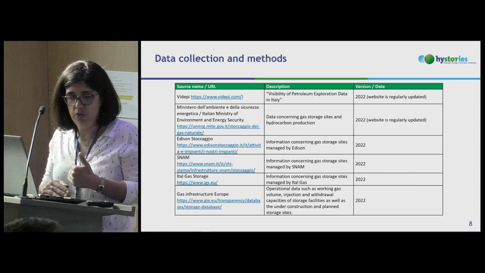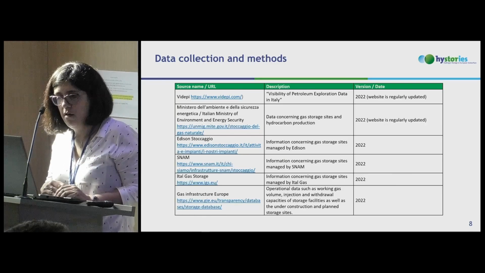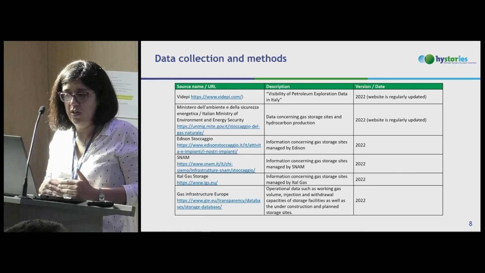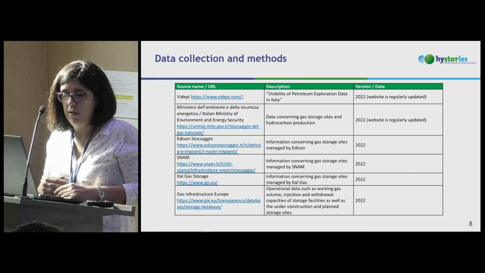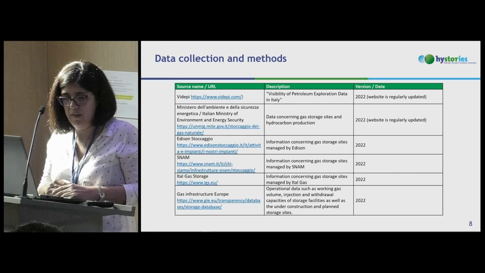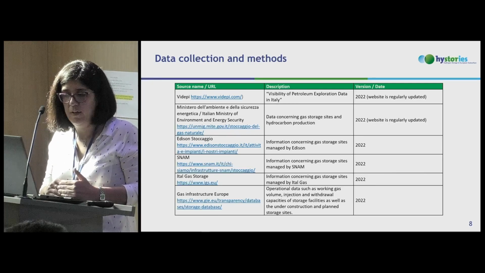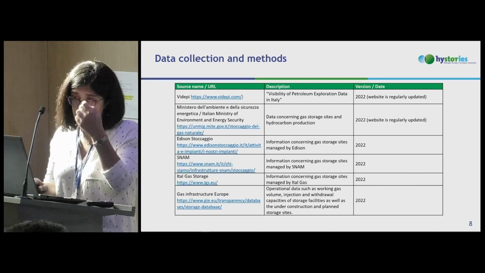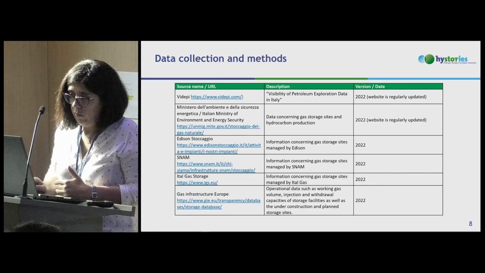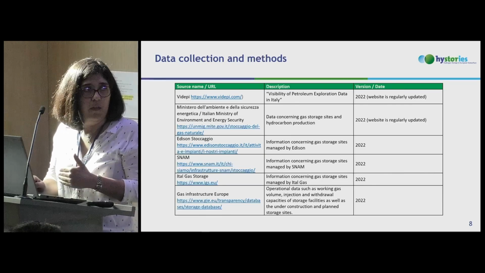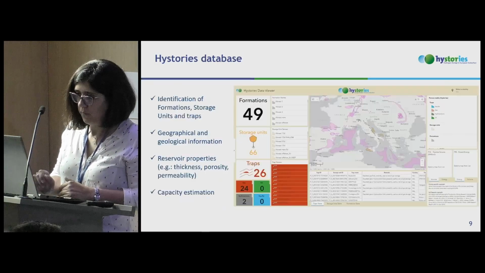So we use this information to fill the database. And then concerning the operational data, such as working gas, injection and withdrawal, we use a website that has already been cited, Gas Infrastructure Europe, that collects this kind of information. All these websites are regularly updated, so you can find new information year by year.